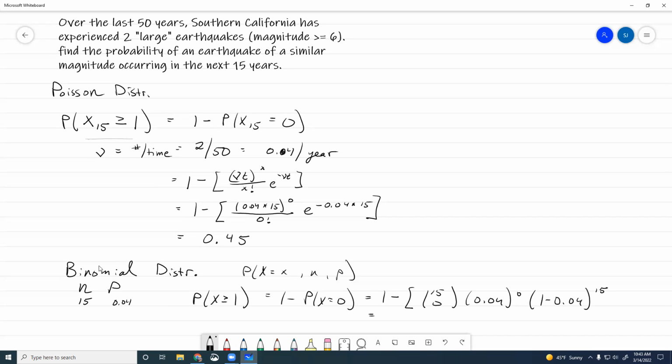If we do that problem, we end up with 0.46. Not far off, but not the exact same thing. Essentially this binomial distribution is an approximation of a Poisson process, but the two converge as n increases and as our trial interval decreases.